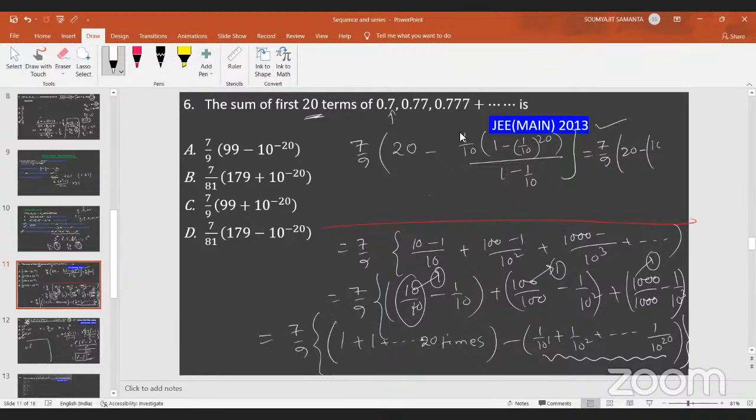So this will become 10 to the power 20, 1 minus 10 to the power minus 20, divided by 10 to the power 20.